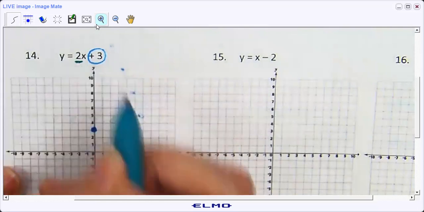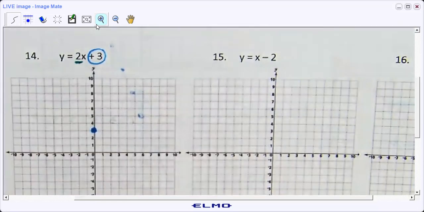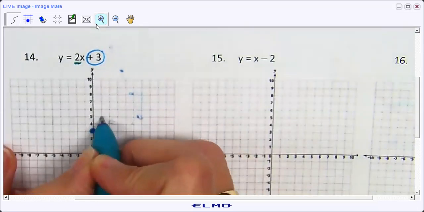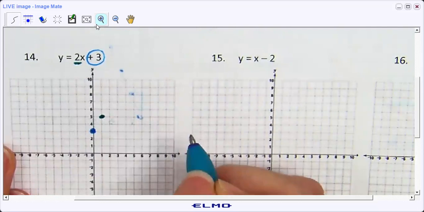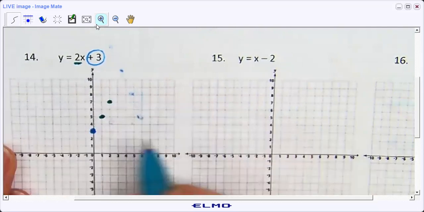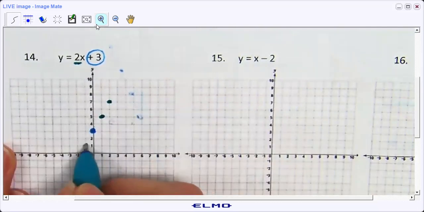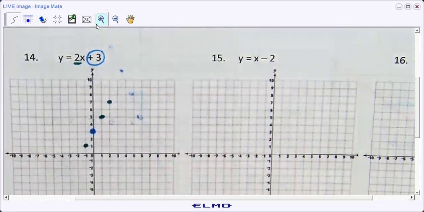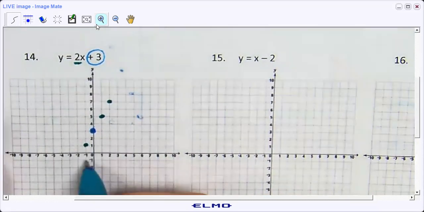So I'm going to rise 2 and run 1. Okay, so I can go up 2 and over 1 to the right, up 2 and over 1, or I could go down 2 and 1 to the left. Because if I go into negative directions, 2 negatives make a positive. And I can keep going if I want.